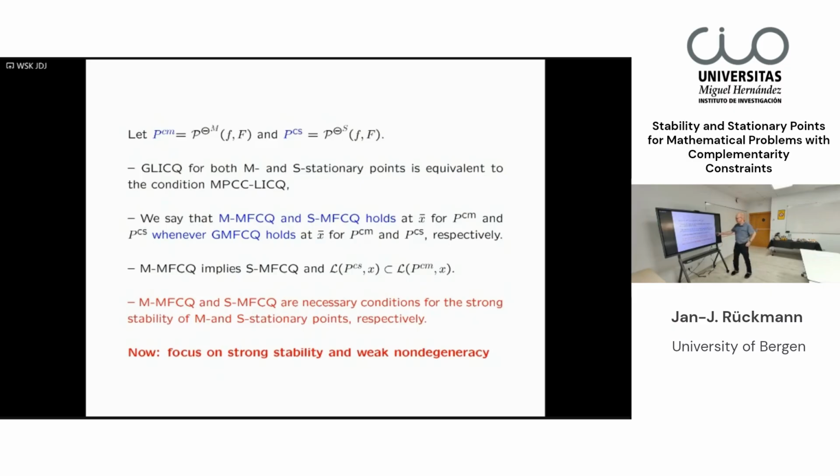And we also see that the set of Lagrange vectors fulfills this inclusion here. And we can also show that the M, respectively S, Mangasarian-Fromovitz constraint qualification are necessary conditions for strong stability. Okay.